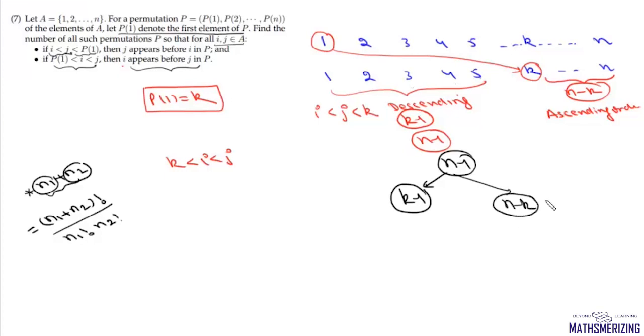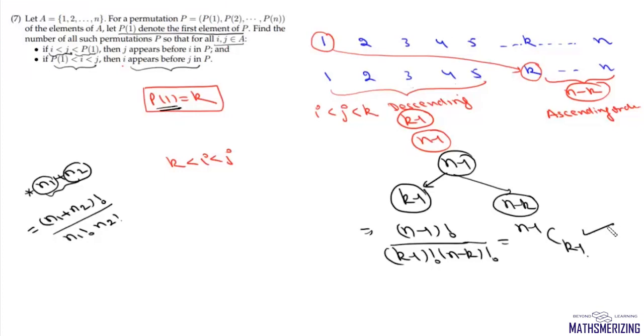So it can be done in factorial n minus 1 upon factorial k minus 1 factorial n minus k, which is nothing but n minus 1 C k minus 1. So if P1 is k, then the total number of such permutations is n minus 1 C k minus 1.